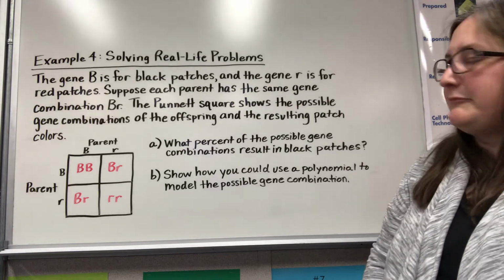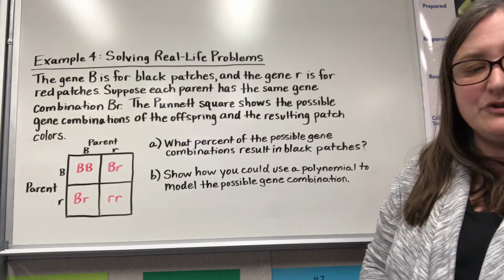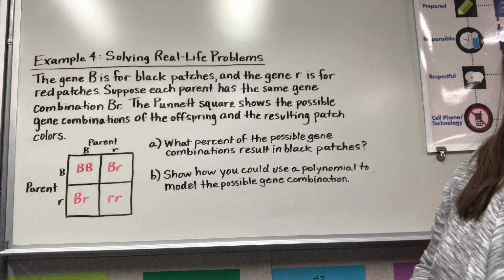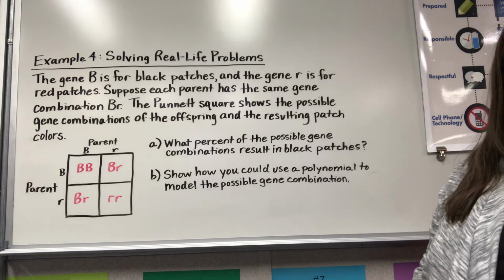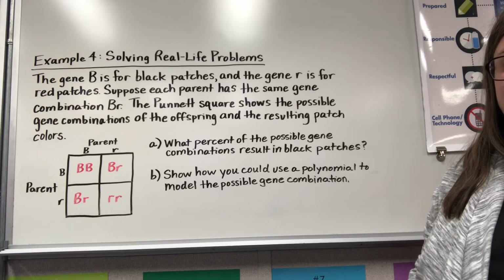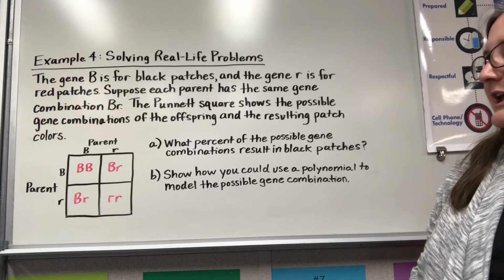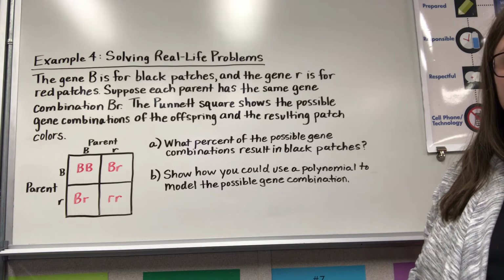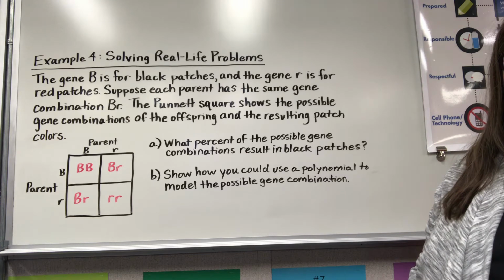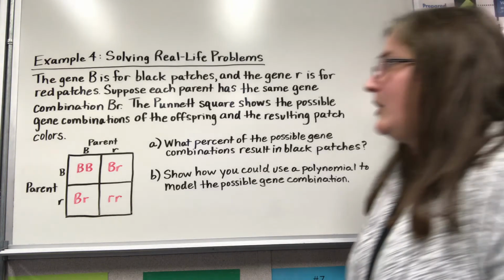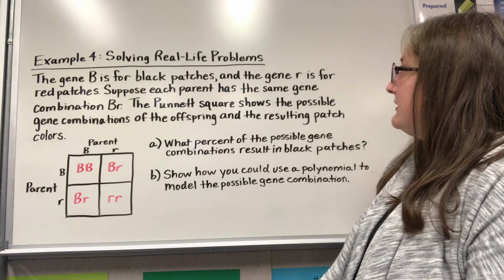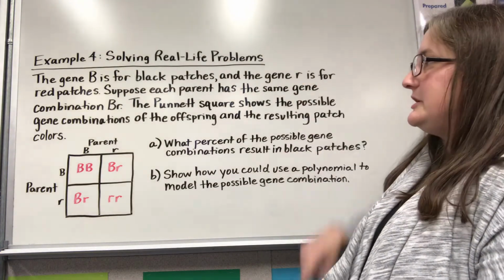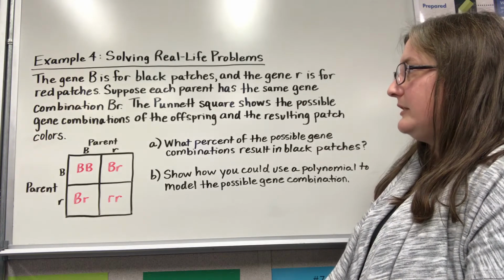Now let's look at a real life problem. A combination of two genes determines the color of dark patches of a border collie's coat. An offspring inherits one patch color gene from one parent, but each parent has two colored genes, and the offspring has an equal chance of inheriting either one. So let's say the capital B gene is for black patches, and the lowercase r gene is for red patches on your border collies.